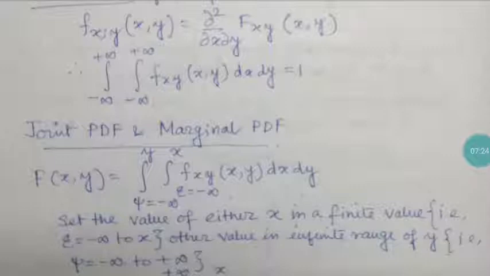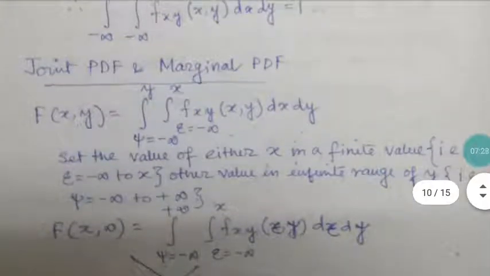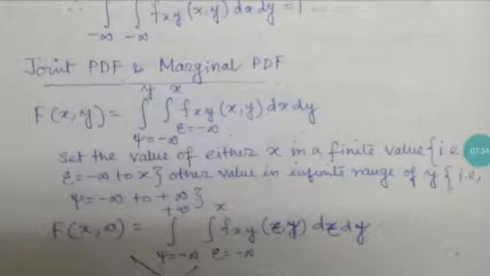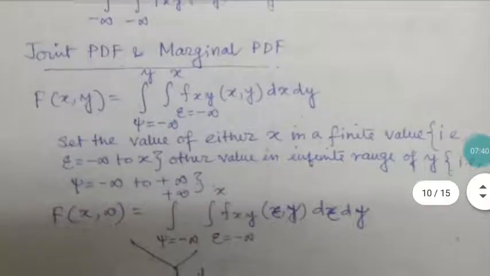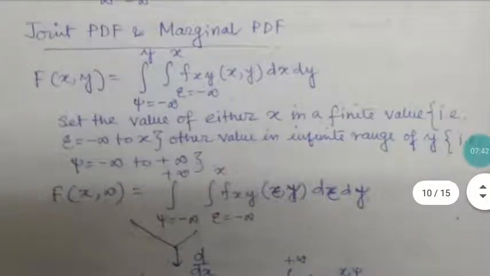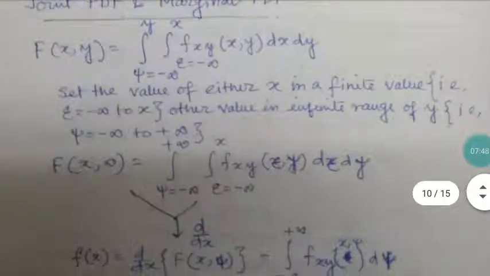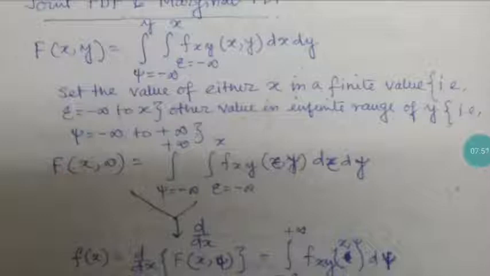the marginal PDF. Okay, so what is the definition of the marginal PDF? It is integrated in the range of y to psi and x to epsilon and will have a specific value. So set the value of x in a finite range, that is epsilon equals minus infinity to x, and the other is the infinite range of y, that is psi equals minus infinity to plus infinity.